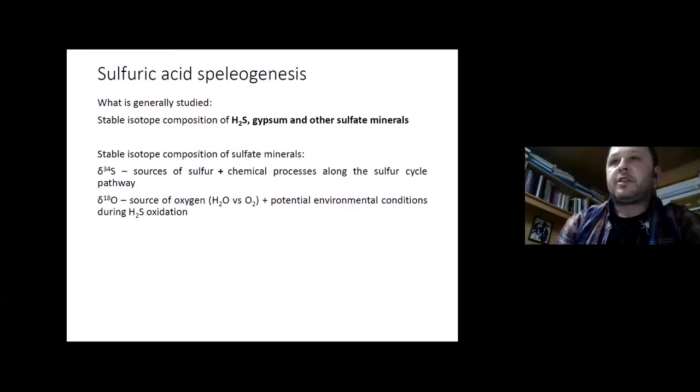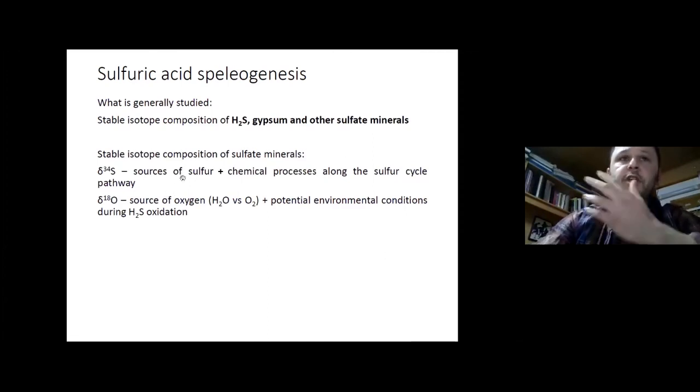So it will be the stable isotope composition of this sulfate, most commonly gypsum, but it can also be other sulfate minerals. The sulfur isotope composition can help us identify the sources of sulfur, but it can also reflect the chemical processes around the sulfur pathway.